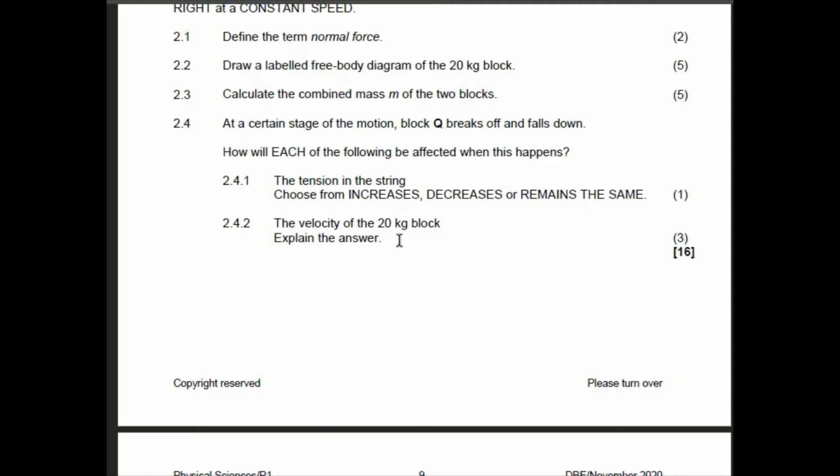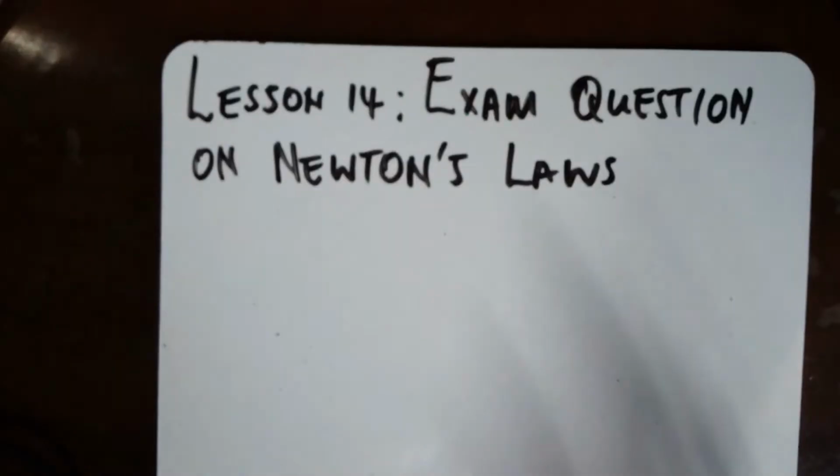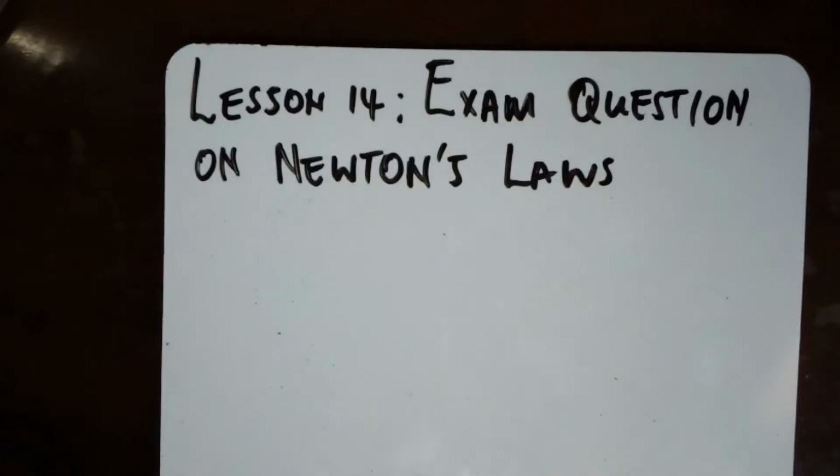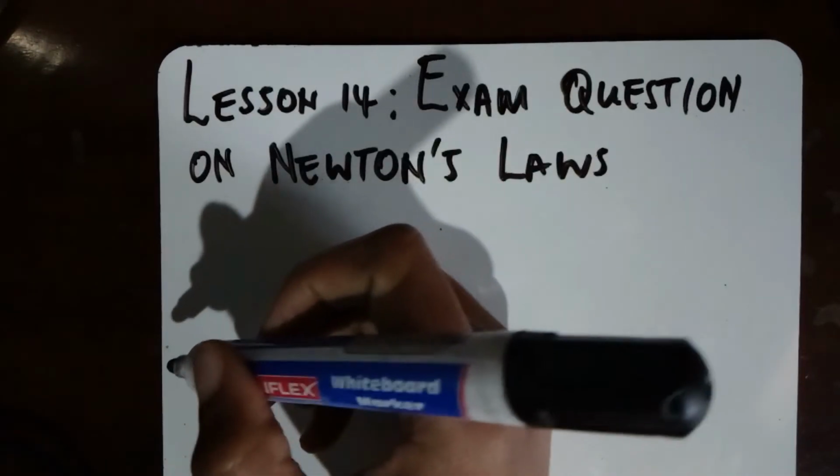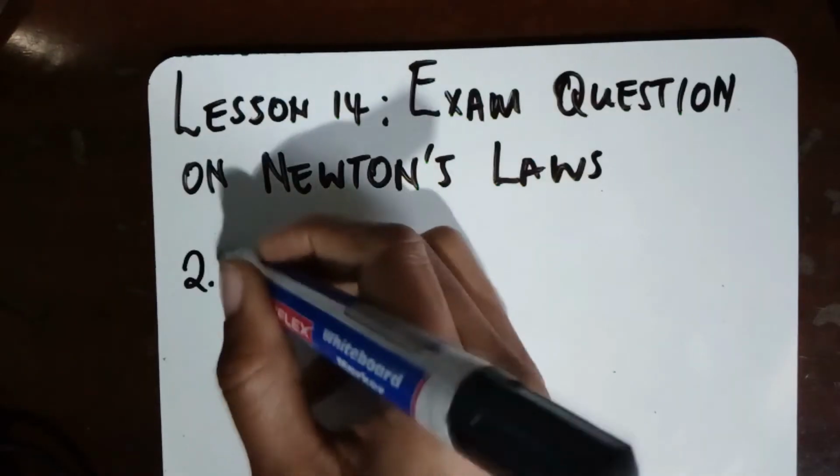So now let us just get straight into doing the question. That was question 2, taken from last year's final exam, if I'm not mistaken. The first question wanted us to define the term normal force.